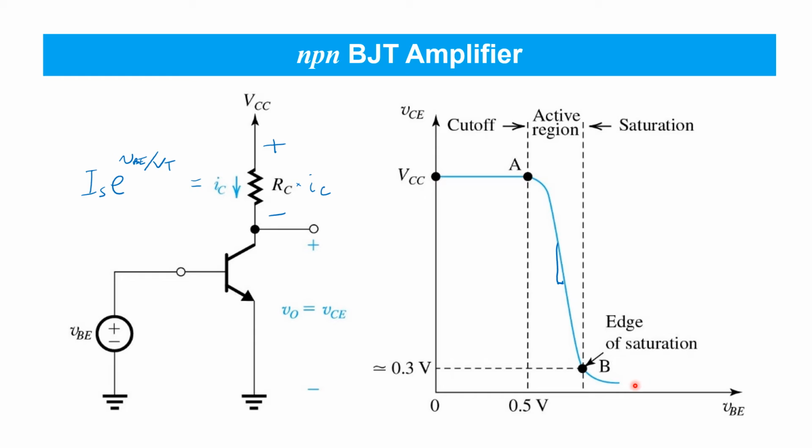Finally, you'll notice that the plot here is not continued all the way up to very large values of VBE. And the reason, again, is because of the exponential voltage current relationship in a BJT. If we increased VBE very far beyond 0.7 volts, we would very quickly start seeing a very large amount of current flowing into the base through both forward bias junctions.